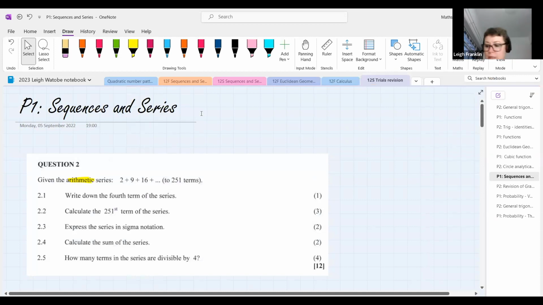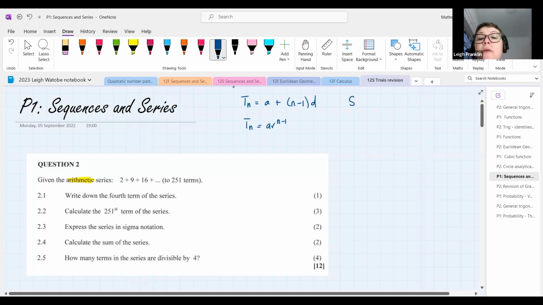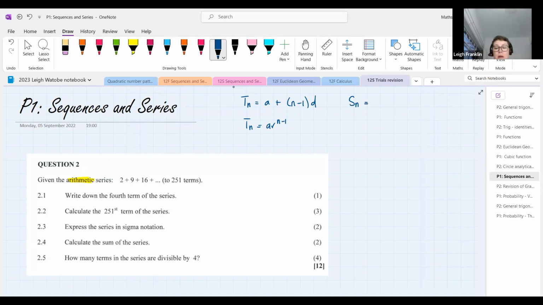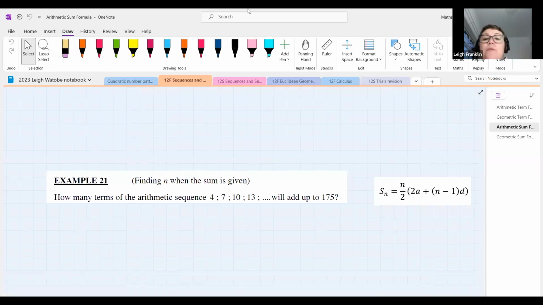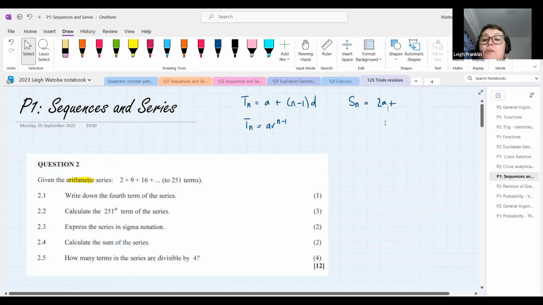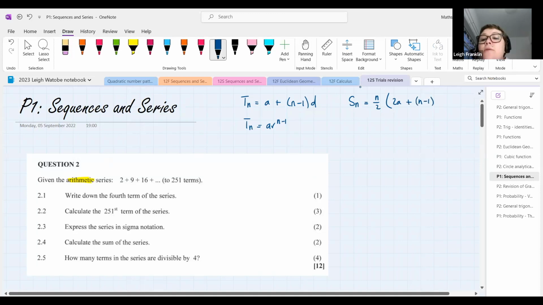So on our formula sheet, we would have, amongst others, Tn equals a plus (n minus 1)d, and Tn equals a r to the n minus 1, and then we would have Sn equals n over 2 into 2a plus (n minus 1)d.